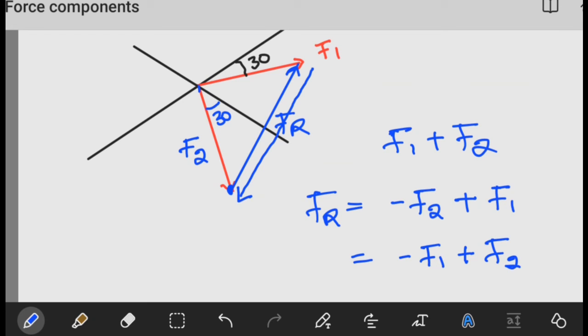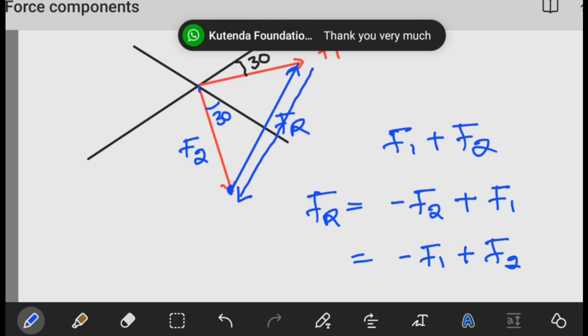So regardless of how you look at it, it doesn't give you F1 plus F2. Instead, it gives you either minus F2 plus F1 or minus F1 plus F2. So this is why this approach doesn't work.